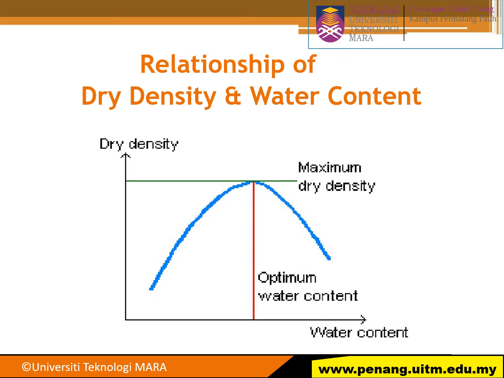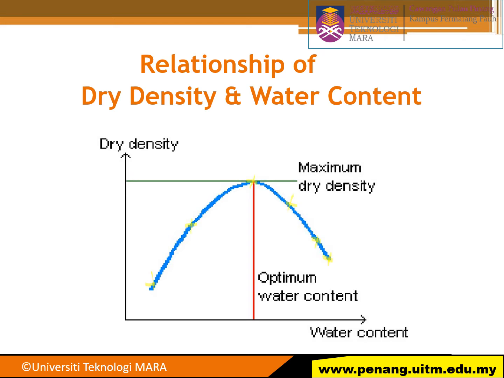Now we'll look at the relationship of dry density and water content. As you know, for compaction, we have to draw the dry density versus water content. The y-axis is dry density, the x-axis is water content. So what we do is plot the dry density of soil versus water content. For example, here we have 1, 2, 3, 4, 5, 6 points.